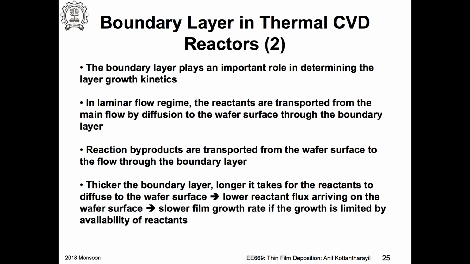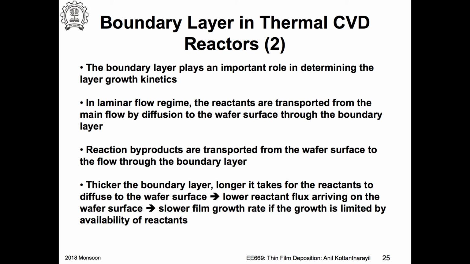So the transport is by diffusion through the boundary layer. But also, in this case you have reaction byproducts that should be transported back into the main flow through the boundary layer. So that is another factor. Now this is obvious: the thicker the boundary layer, the longer it takes for the reactants to diffuse to the wafer surface.